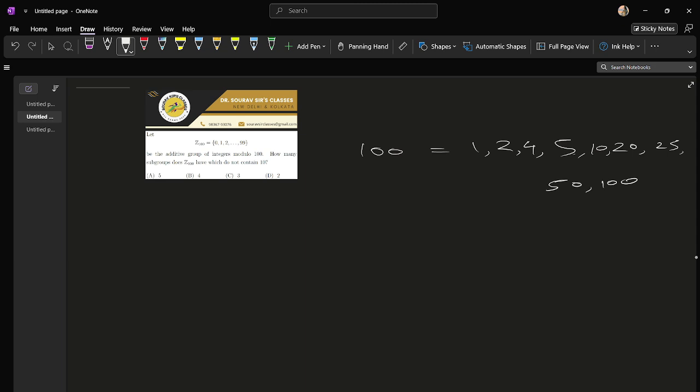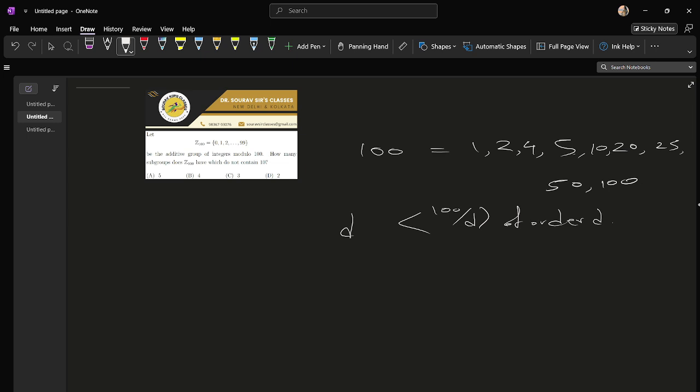Each divisor D of 100 corresponds to a unique cyclic subgroup, generated by 100 by D, of order D. Now we are going to identify the subgroups that do not contain 10. For a subgroup to avoid containing 10, it must be generated by an element whose multiples can never reach 10 in Z100.